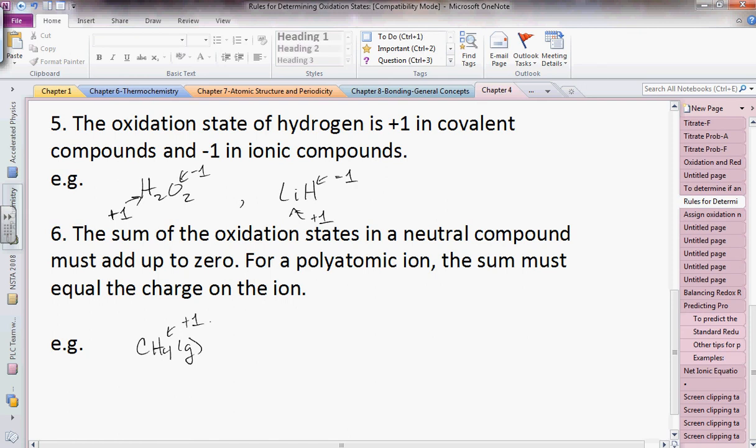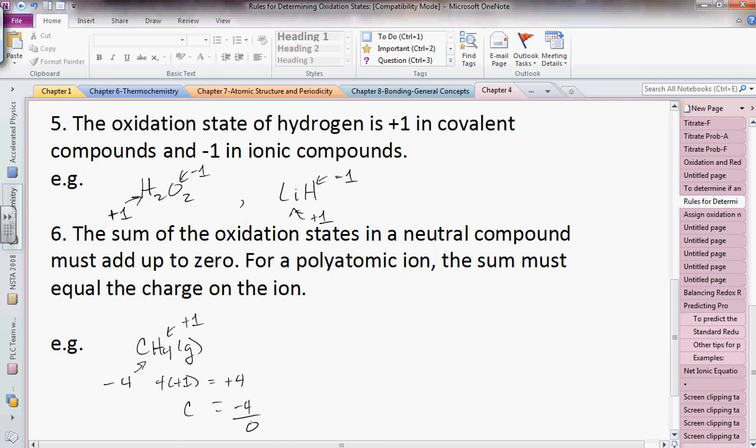The whole thing has to be neutral though, so we have 4 +1 hydrogens, which gives us a total of +4, which means that the carbon then needs to have an oxidation state of -4 in order to have a neutral compound that adds to 0. So if you add these two together, you get 0, and we get this nice neutral charge for the methane.